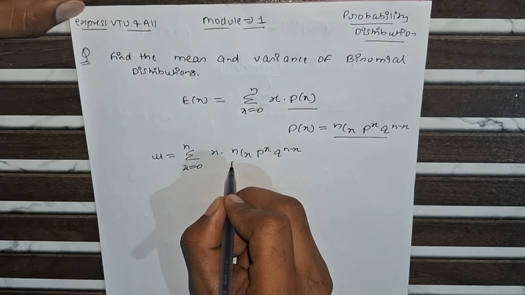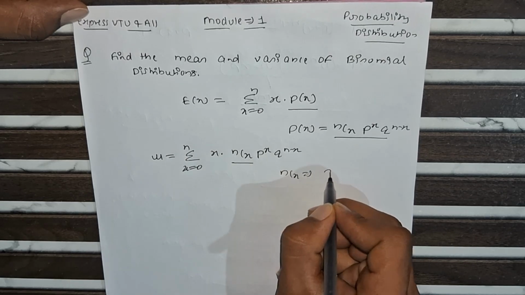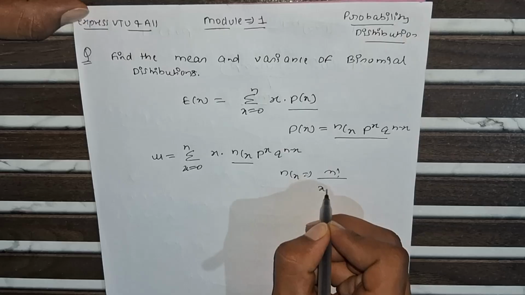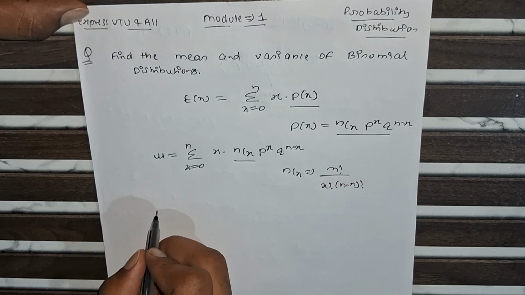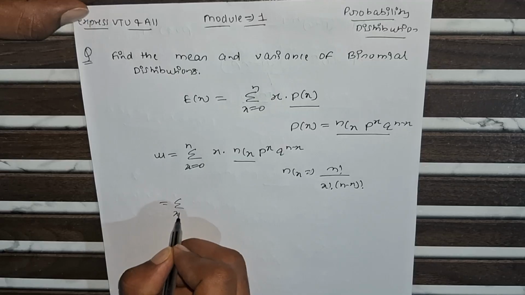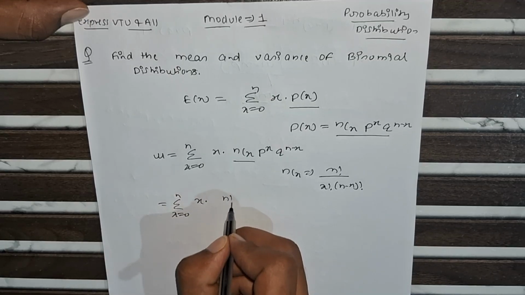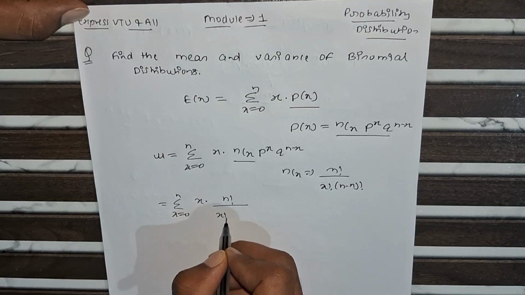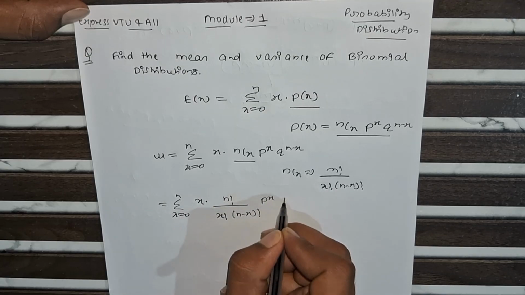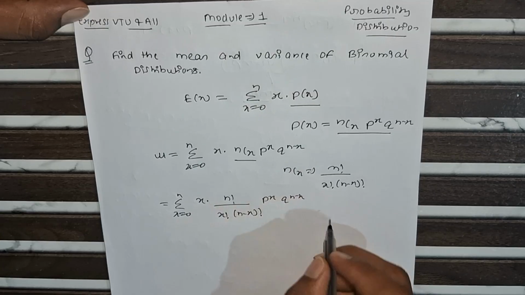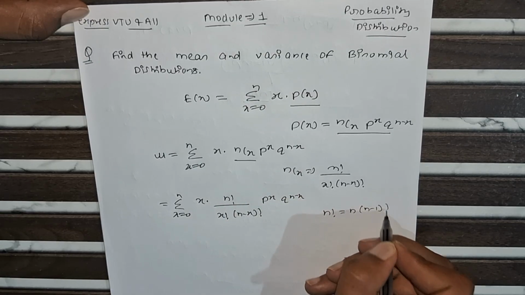So first we expand this nCx, which is equal to n factorial divided by x factorial into n minus x whole factorial. So summation x equals 0 to n x into n factorial divided by x factorial into n minus x factorial p to the power x q to the power n minus x. So n factorial we can write as n into n minus 1 factorial.